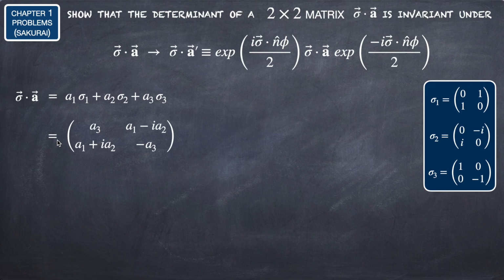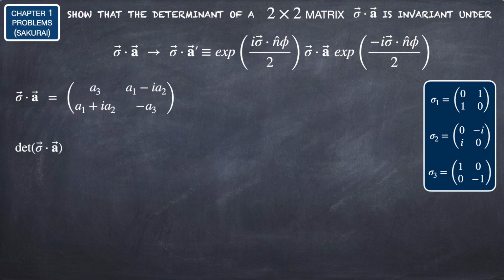Explicitly, in a matrix representation, in the diagonal elements you will have A3 multiplying 1 and minus 1, so you will have A3 and minus A3. The off-diagonal elements are coming from these two terms, A1 multiplying sigma 1 and A2 multiplying sigma 2, so you get A1 minus i A2, and here A1 plus i A2.